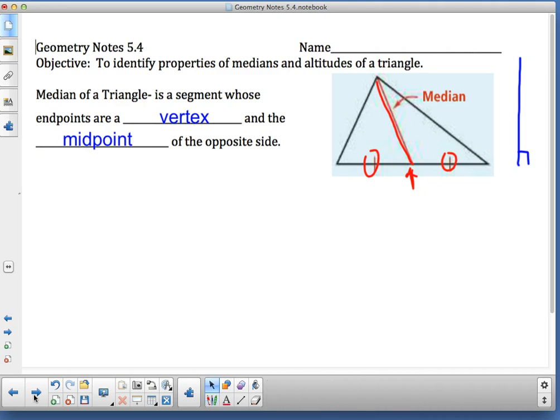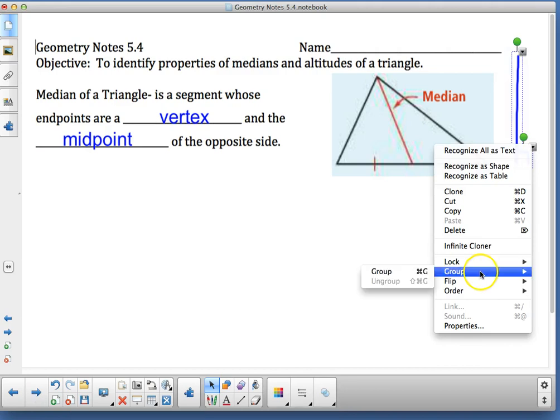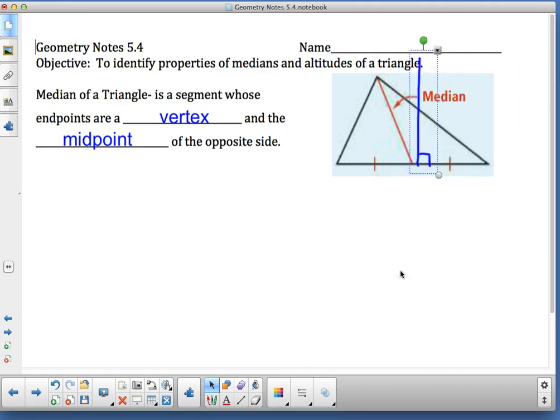Now, to clarify a few things that we know, we worked with perpendicular bisectors. The perpendicular bisector also comes from the same spot the median does.